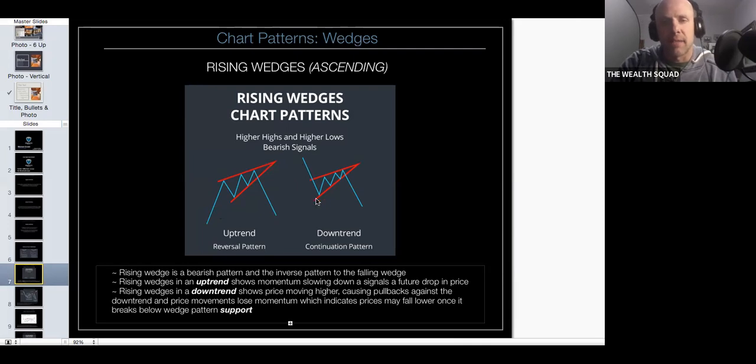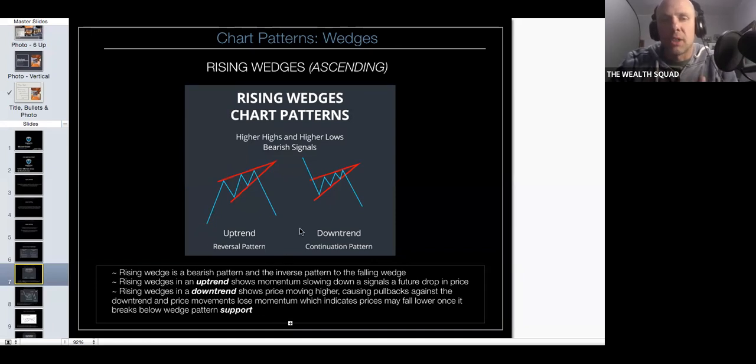And if it's coming out of the downtrend and moving upward, then it's going to be a continuation. So the rising wedge is a bearish pattern, and it's the inverse of the falling wedge. A rising wedge in an uptrend shows that your momentum is slowing down, which signals a future drop in the price at some point, usually as the wedge gets smaller.